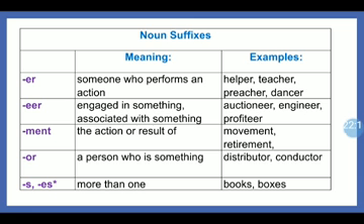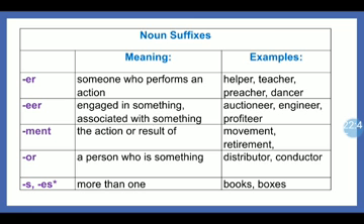So we have the suffixes -er, -eer, -ment, -or, -s, or -es, and these are only a few of them, as I stated. So we're going to be looking at the meanings. When we see a word ending with -er, it means what?